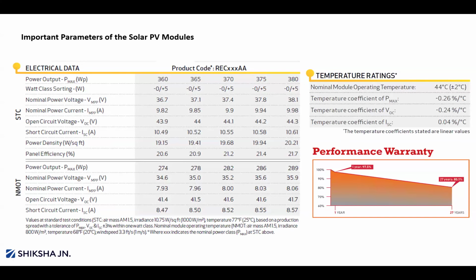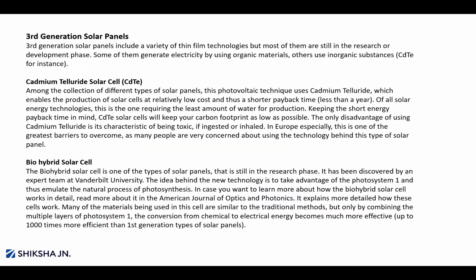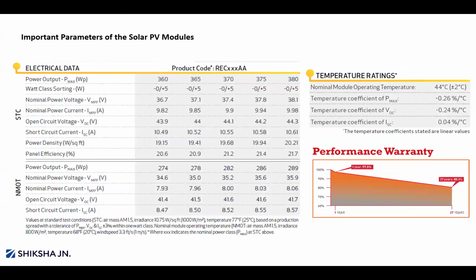After manufacturing the PV module, they will do a flash test. Suppose one lot of PV modules is manufactured. After manufacturing, they will do the flash test. Suppose the value will be between 360 and 365.